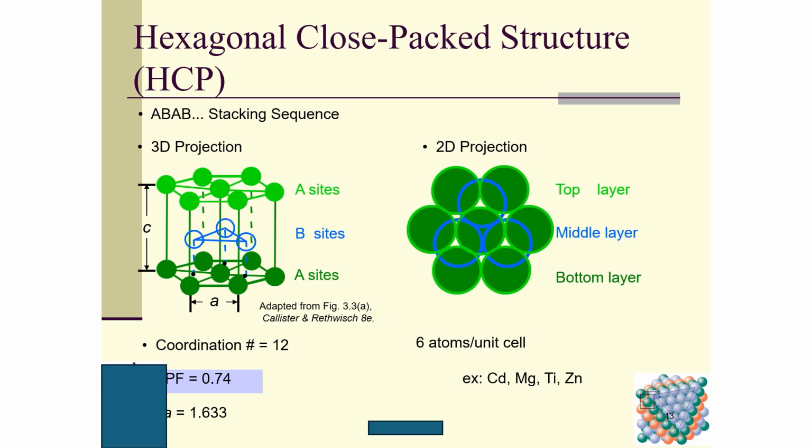You need to be very careful about this point, otherwise you will be confused, because we are talking about pure metal. So APF equals 0.74, which is high, right?